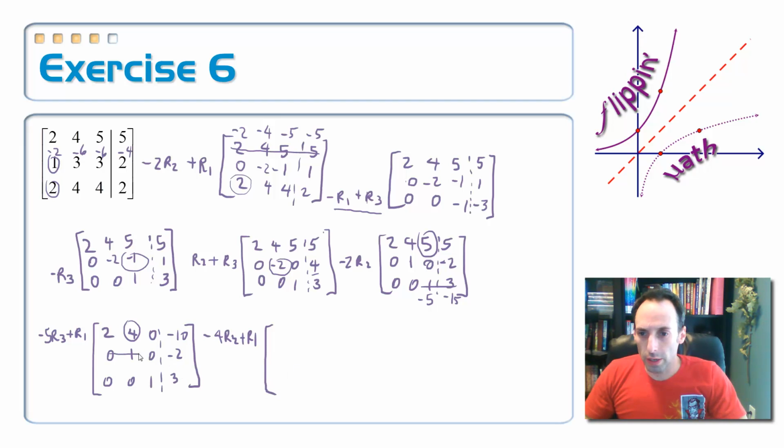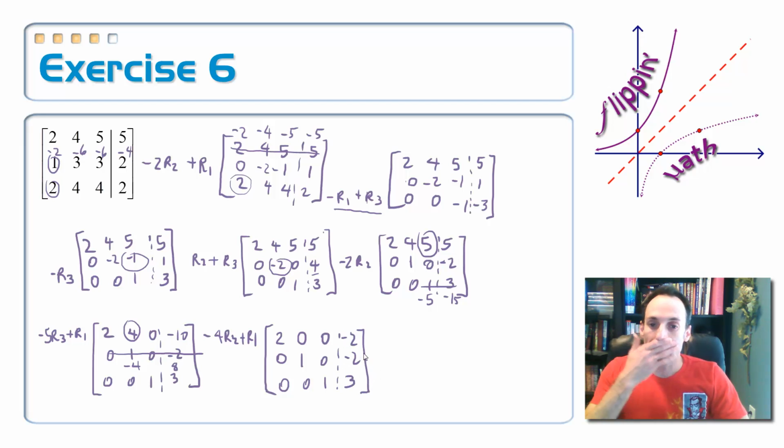Let's go back here and multiply everything by -4. So it's a -4, that's still a 0, and this is a +8. The top row becomes 2 plus 0 is 2, 4 minus 4 is 0, 0 plus 0 is 0, -10 plus 8 is -2. Then 0, 1, 0, -2, 0, 0, 1, 3.